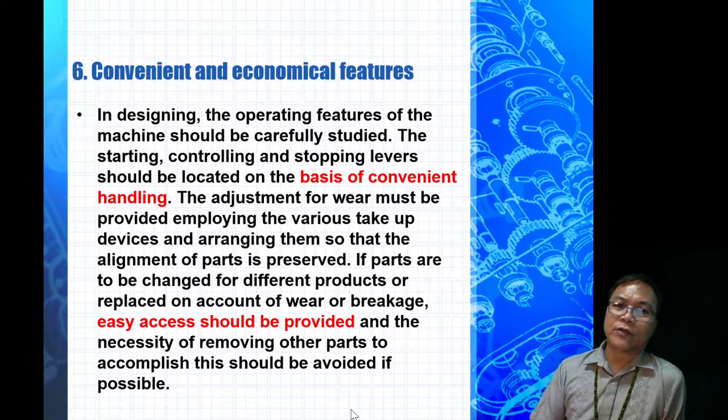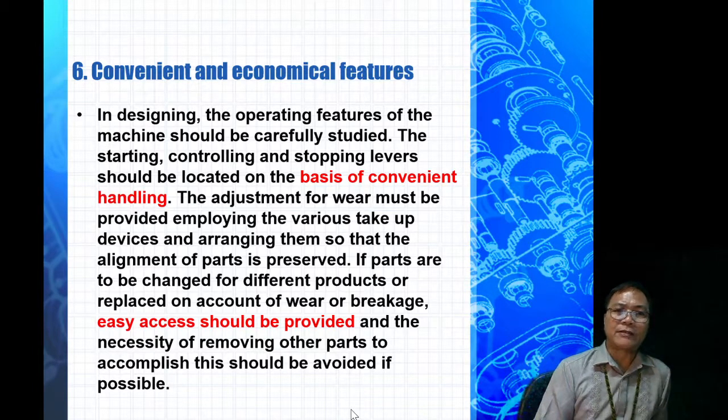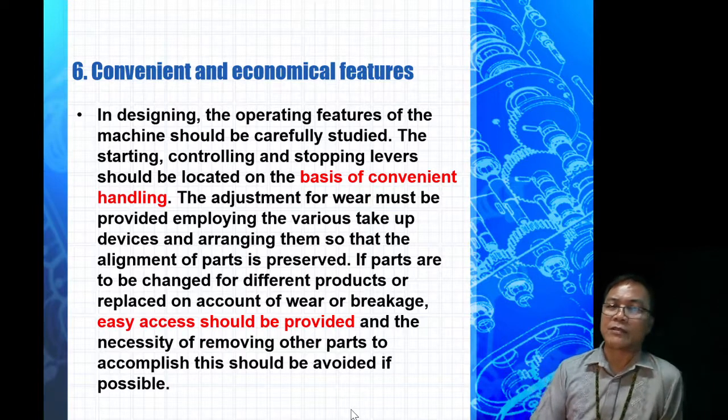The adjustment for wear must be provided, employing the various take-up devices and arranging them so that the alignment of parts is preserved. If parts are to be changed for different products or replaced on account of wear or breakage, easy access should be provided, and the necessity of removing other parts to accomplish this should be avoided if possible.